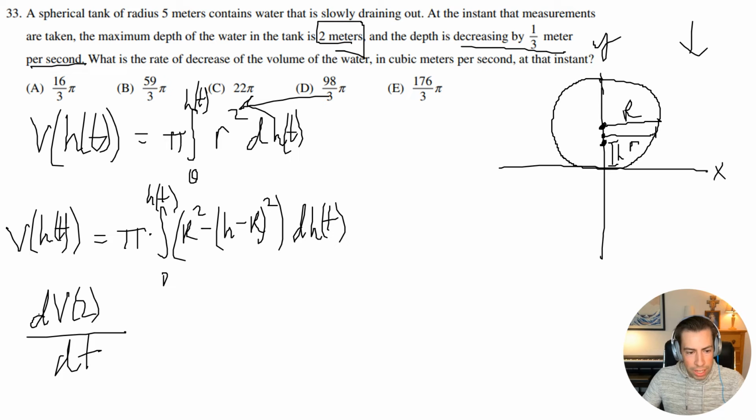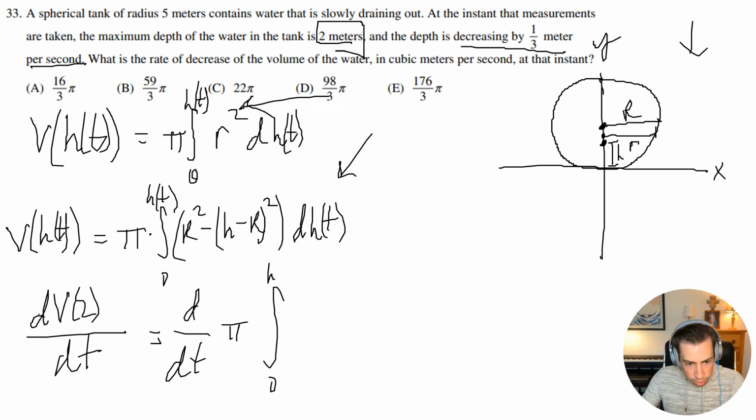So essentially I'm going to have to take the derivative of this right here. I'll just show it symbolically, that way we see what we're getting at here. So r squared minus (h minus r) squared dh(t).